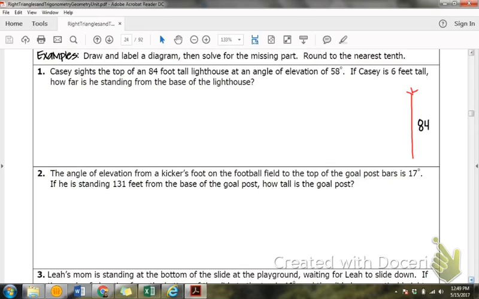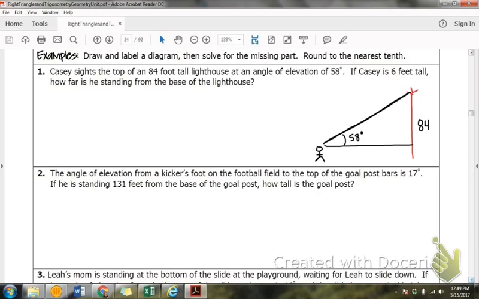So we need to draw Casey on the ground. And Casey is looking up at the lighthouse. And the angle that Casey is looking up at with the line of sight and the horizon is 58. So we know that we have 58 degrees right here. So from here to here is 58 degrees.